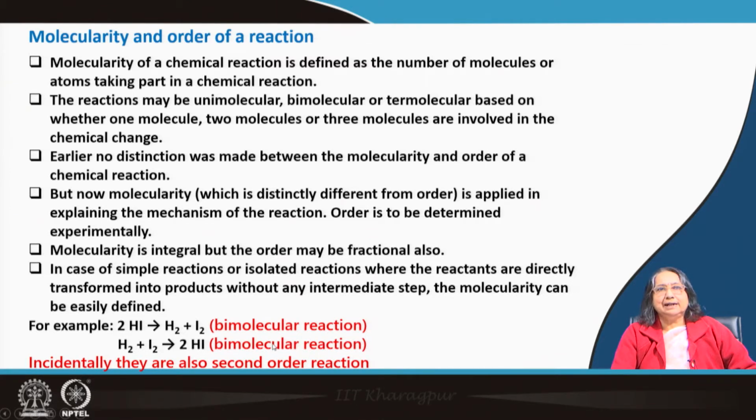It is very simple to understand, because it goes on directly. But incidentally, these are also second order reactions, though it is not necessary that molecularity and order will be the same. It may be different also, which we will discuss in this lecture.